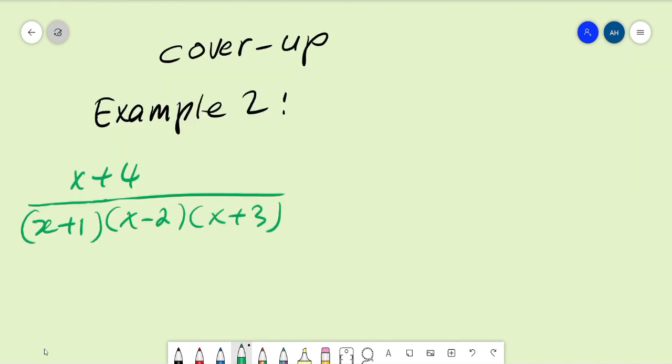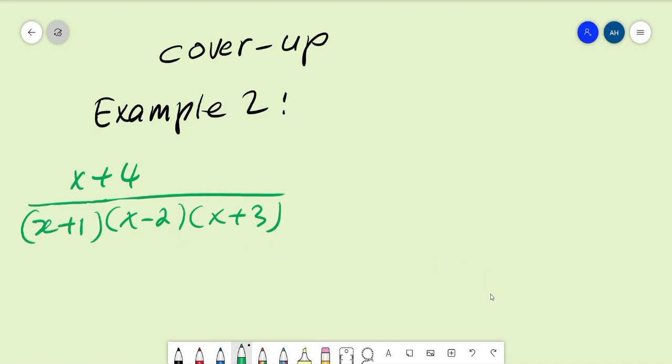Now this is example 2 for the cover-up method. We are given on the left hand side x plus 4 over (x plus 1) multiplied by (x minus 2) multiplied by (x plus 3). Now this is still type 1, because all the factors at the denominator are distinct linear factors.